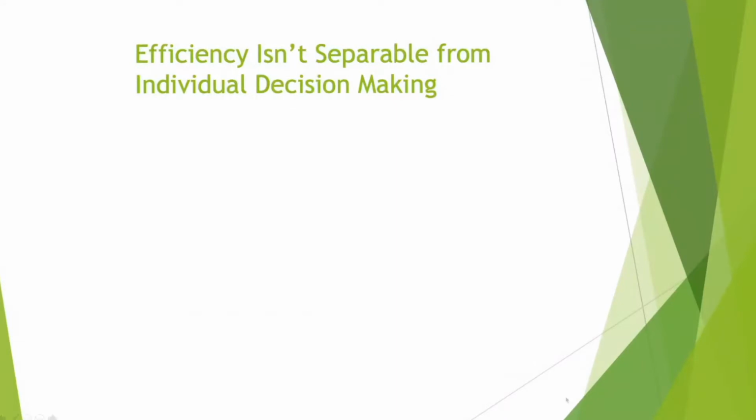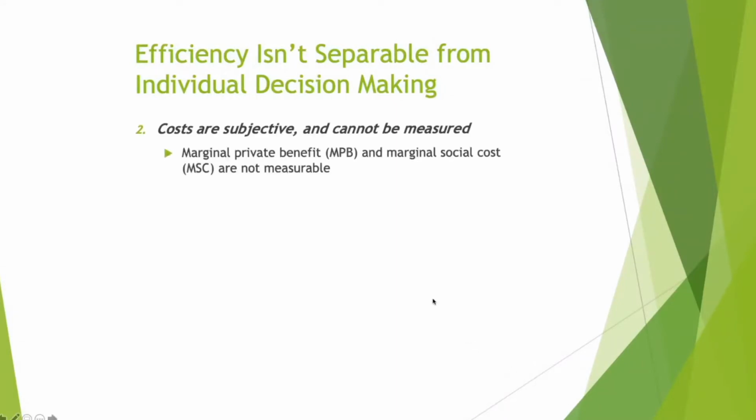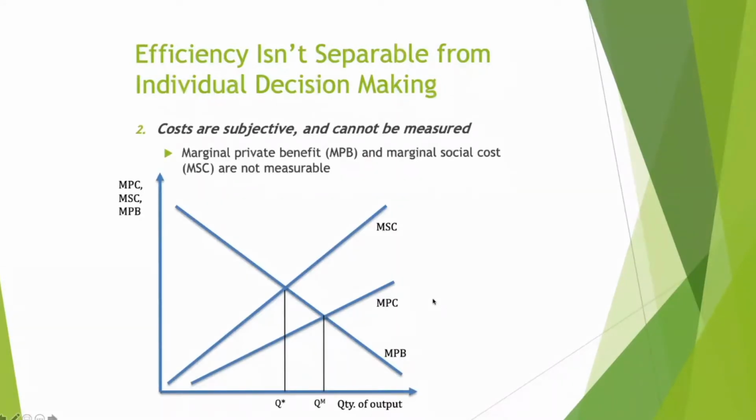There we go. Okay. So if you see a diagram like this in your typical environmental economics textbook, you're going to see your marginal private benefit curve, your marginal private cost curve, your marginal social cost curve.